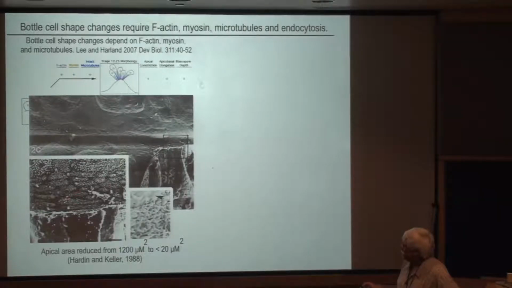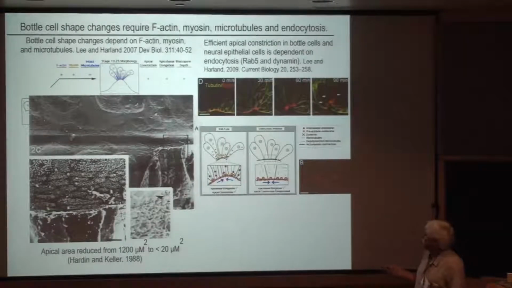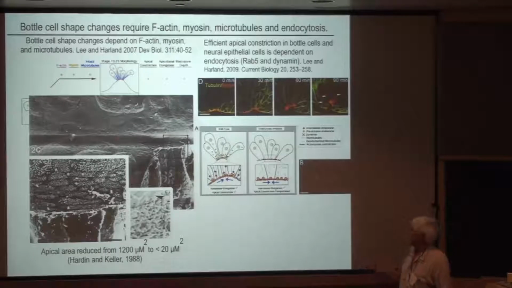And the membrane in the apex goes into a forest of microvilli, or actually microfolds. But also, that membrane is endocytosed, taken up into the cell, as shown by a paper out of Jen Lee and Richard Harland. And if you block endocytosis, the cell shape change will not go to completion. And so this is one of the things, just housekeeping things about the cells.